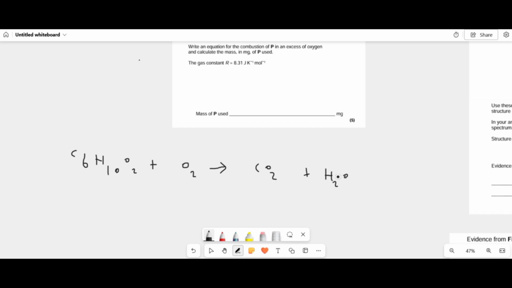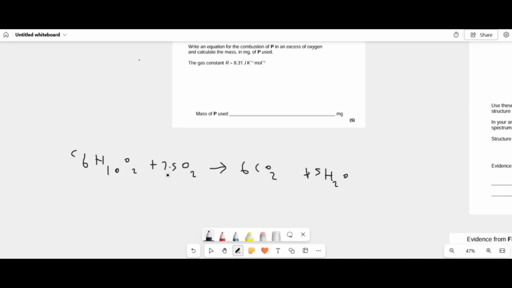We need H10, so therefore we're going to need 5 H2Os. 5 times 1 is going to be 5, 5 plus 2 is going to be 7, and on the right hand side we've got 2 here, 2 there, 4. So we're going to have to balance this out. You need 6 carbons there, so add 6 there and then balance that.